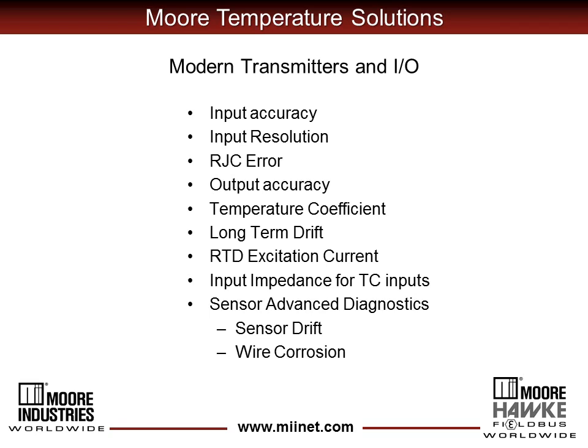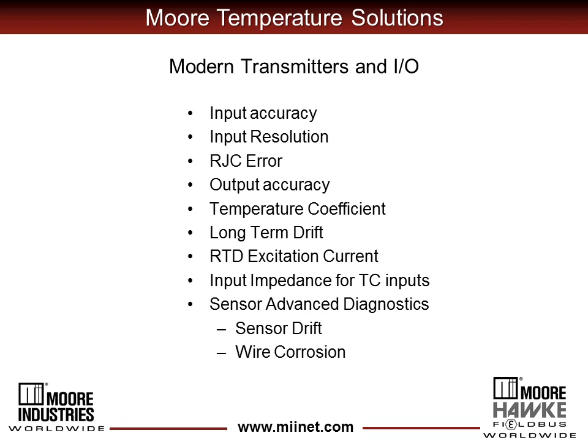Long-term drift specs is a measure of the transmitter's stability. RTD excitation current, you want the excitation current to be low because that minimizes the error caused by the self-heating effect of passing a current through a resistor.